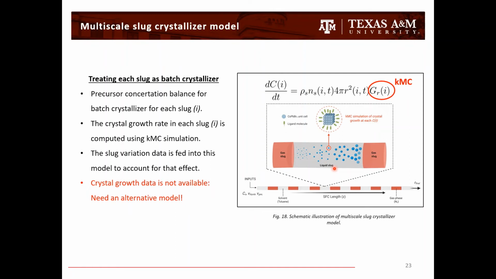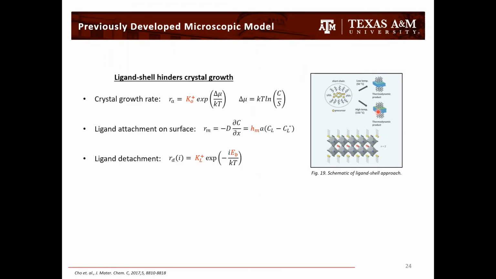Now, you have to consider the fact that these crystals grow at a certain growth rate. However, because this is a very new field of crystallization, the growth rate is not known. So in our previous work, we had developed a kinetic Monte Carlo model to find the crystal growth rate, which is based upon a ligand shell hypothesis.